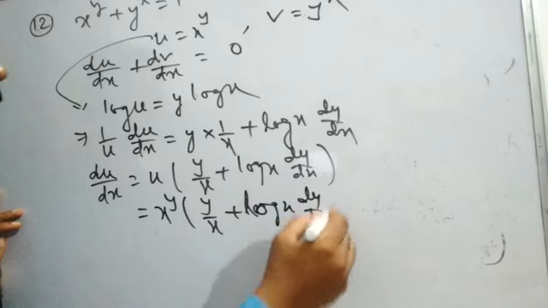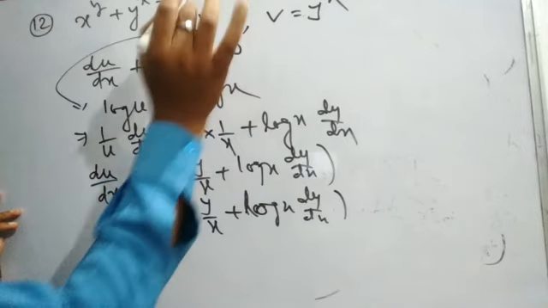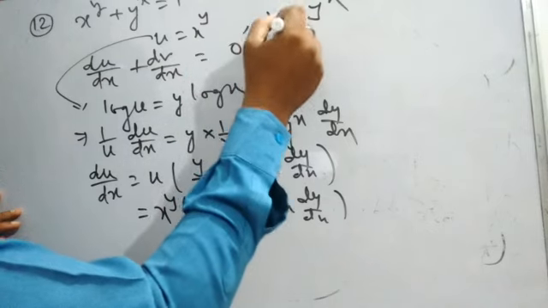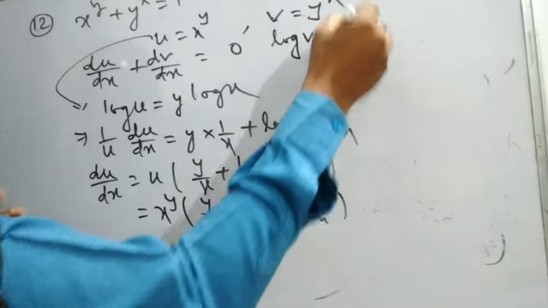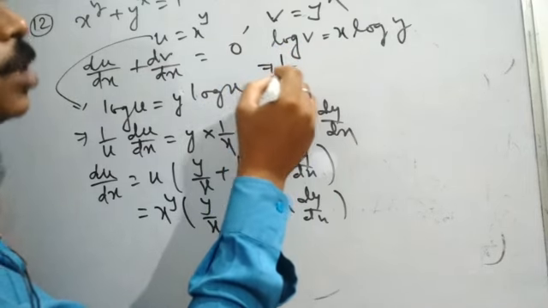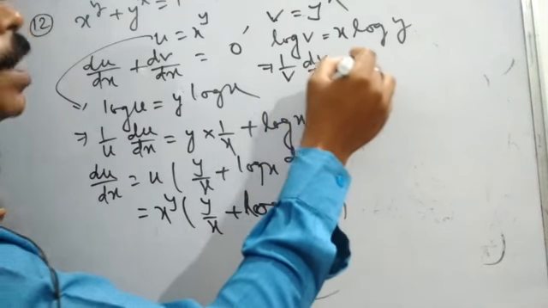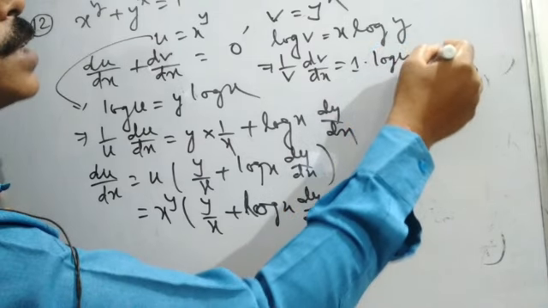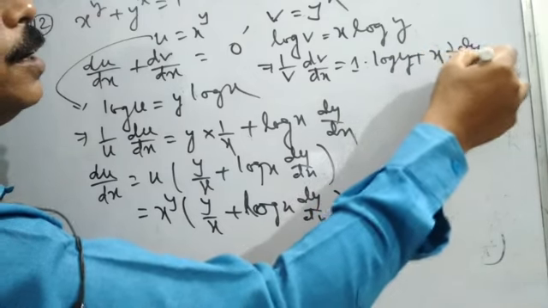In similar manner you have to find the value of dv by dx from v is equal to y to the power x. So v is equal to y to the power x, you can write here log v is equal to x log y. Then differentiate both sides with respect to x, 1 by v dv by dx is equal to, in uv format, x derivative 1, log y constant, plus x constant, then log y derivative 1 by y dy by dx.